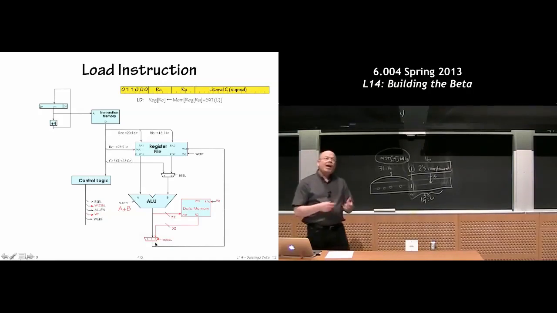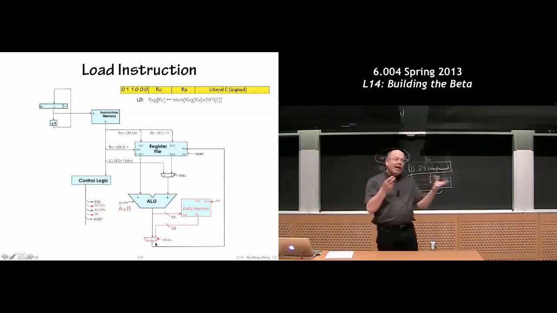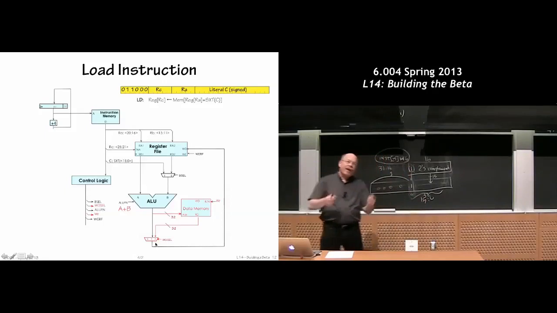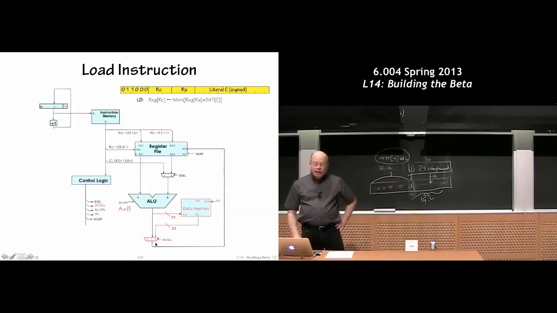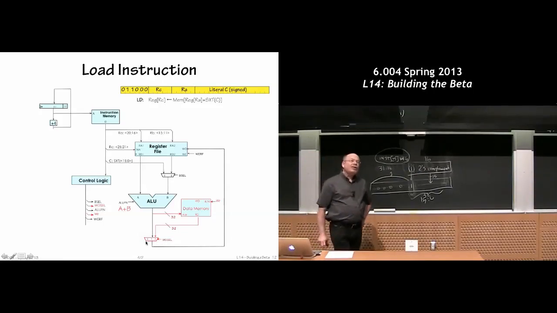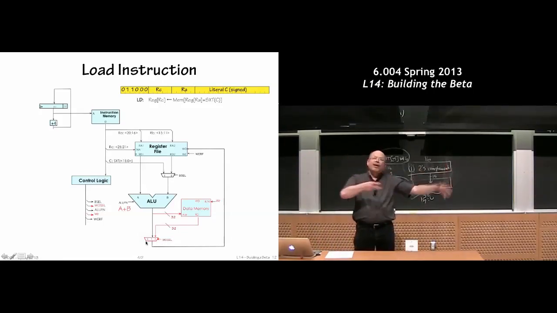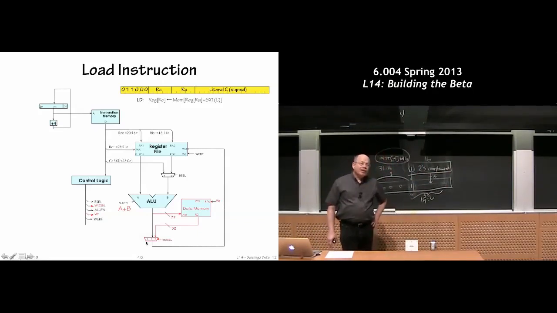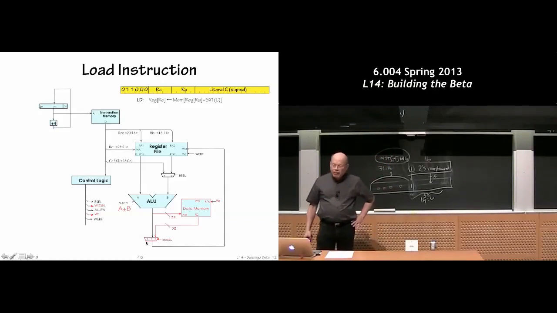So WD cell would be 2. In other words, we want to select the 32-bit value coming back from memory in the case of a load instruction. That's what gets written back into RC. So what we've really done is add a data memory so we can read and write into it for load and store instructions. And we've added this WD cell mux, which allows us to choose either the ALU value or the output of the data memory to write back.